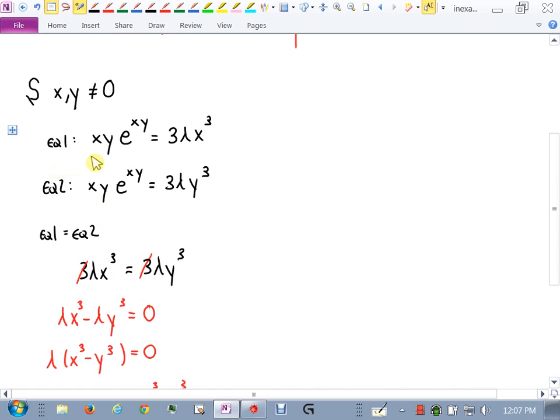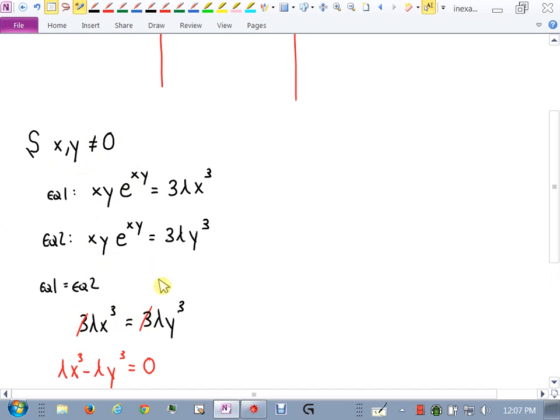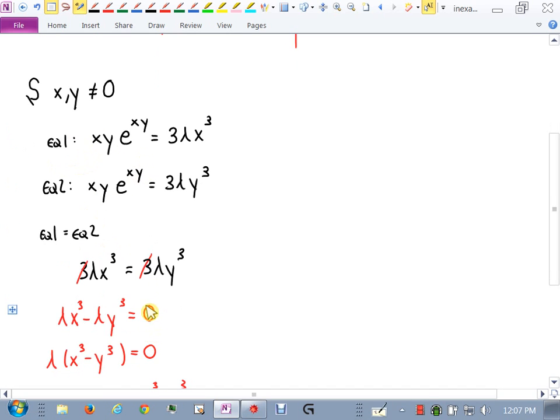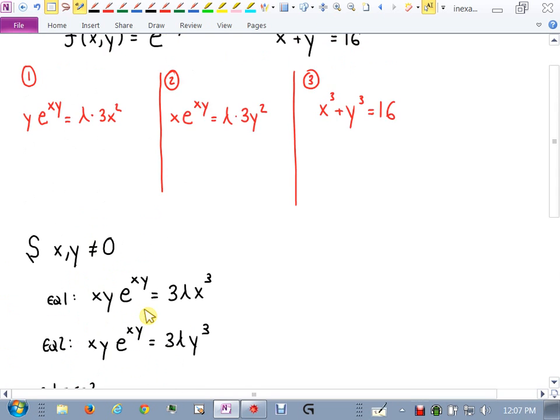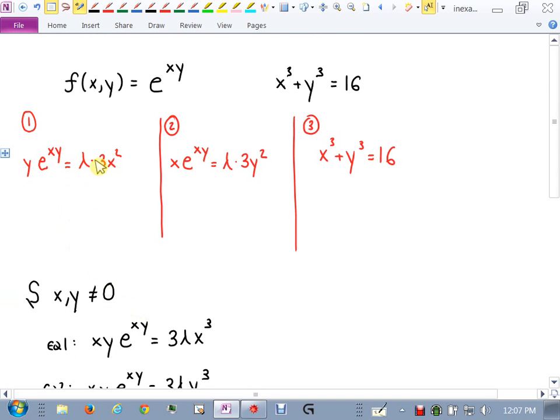Coming back up, did we ever say what lambda was? No, right? But could you tell me what lambda is if you know what x and y is? Yeah, you could get it from either of these, right? Now, I'll give you my opinion on things. If you find the x and y, but haven't found the lambda, you don't really need the lambda.